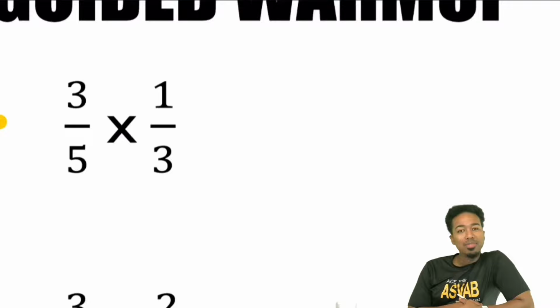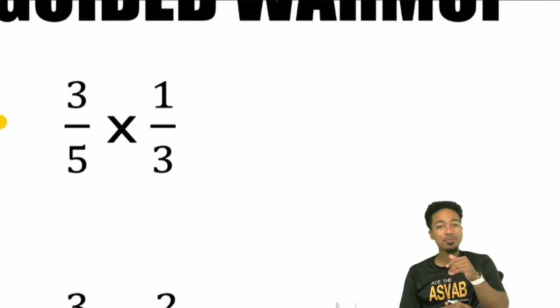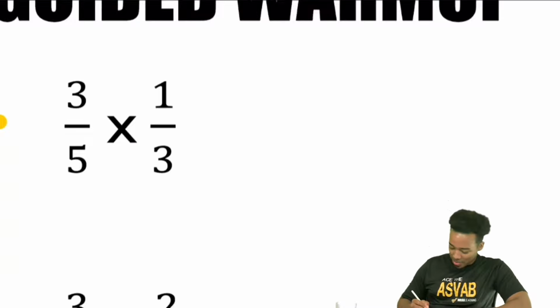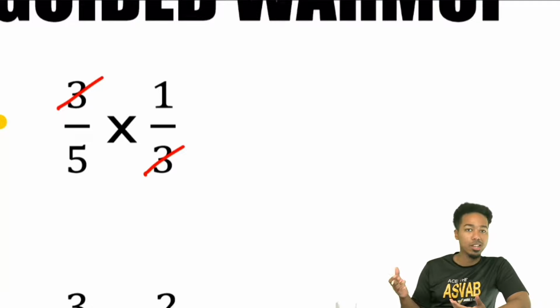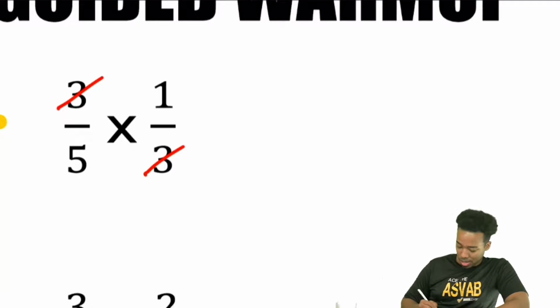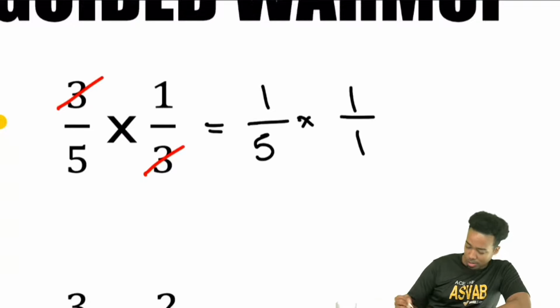So 3 over 5 times 1 over 3. Everybody, what do we notice about the top and the bottom? What do they both share that we can clearly see plain as day? Nana, thank you for the comment. But yeah, that's going to be 3. 3 on the top, 3 on the bottom, and we're good. We can just go ahead and cross that out. Crossing it out just means that we're leaving a 1 in its place. So this ends up becoming 1 over 5 times 1 over 1.